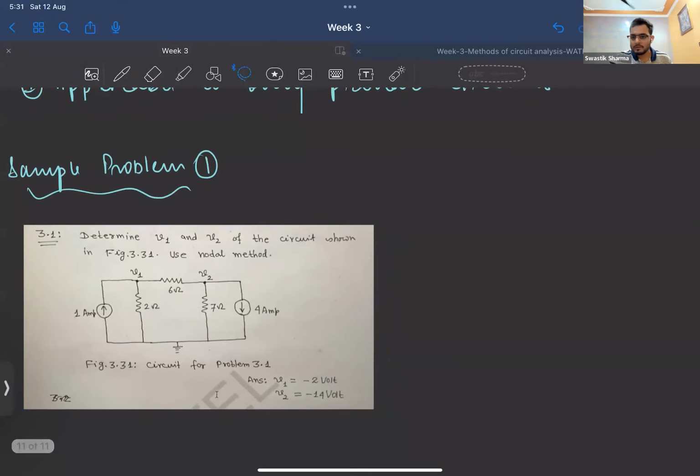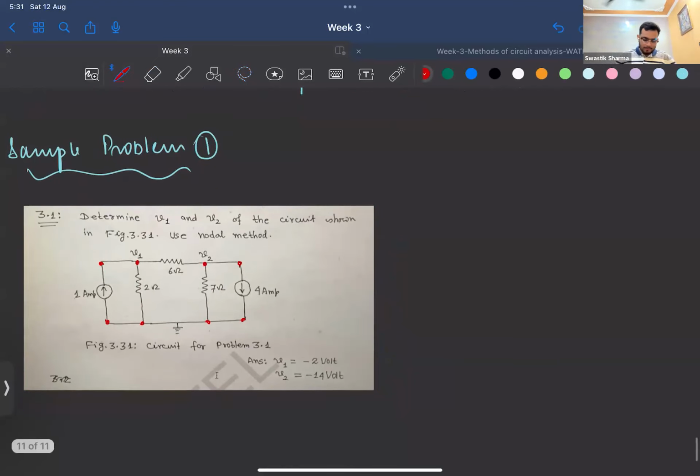Since there's only Nagesh over here, if he doesn't mind unmuting himself, can he tell me what a node is, what a loop is, how many loops there are and how many meshes there are? Okay, so there are three meshes, right?